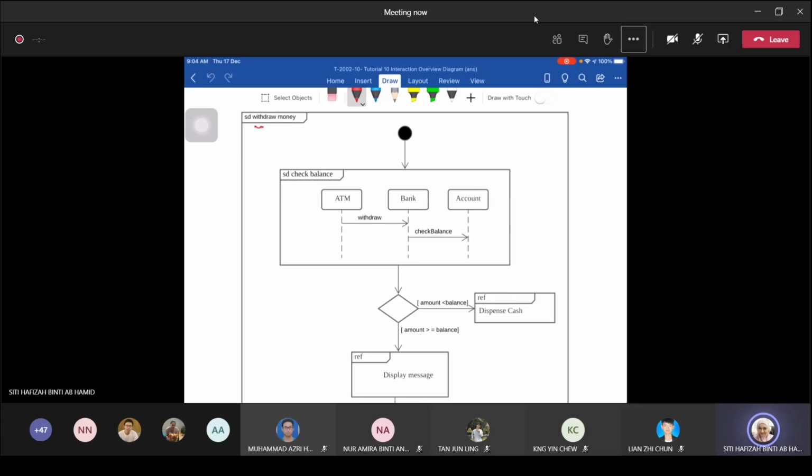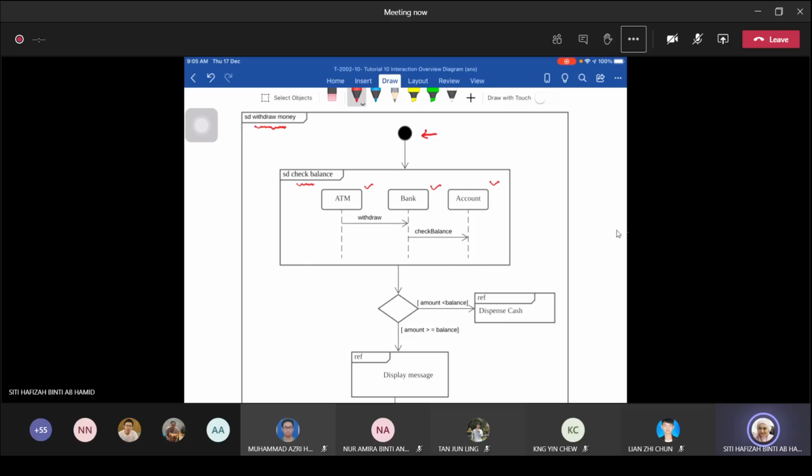But then I just choose this one, withdraw money, and then it must start with the initial node, and for the first part, the withdraw and check balance, I make it as another sequence diagram. So this one I name it as check balance, right? If you can see from here, I remove the actor, retain the ATM, bank and account.